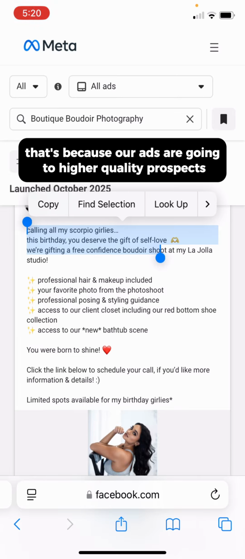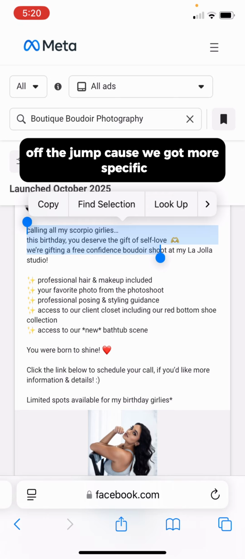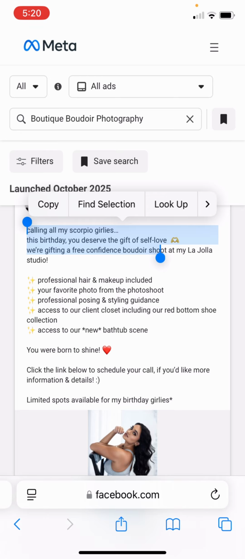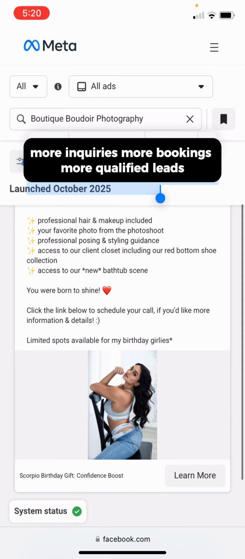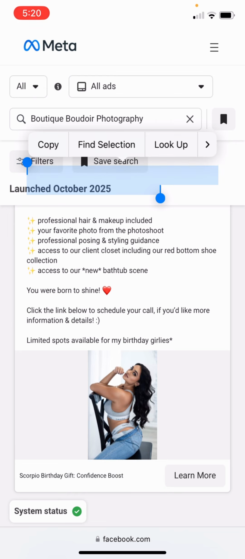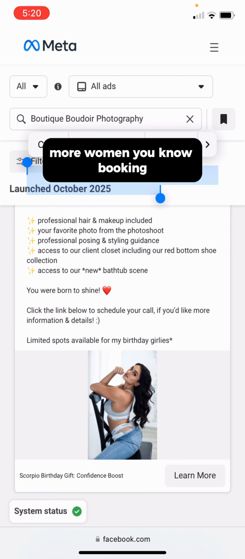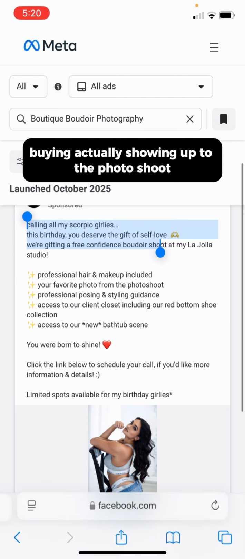That's because our ads are going to higher quality prospects off the jump. And so we're going to have more inquiries, more bookings, more qualified leads, more women booking, buying, actually showing up to the photo shoot.